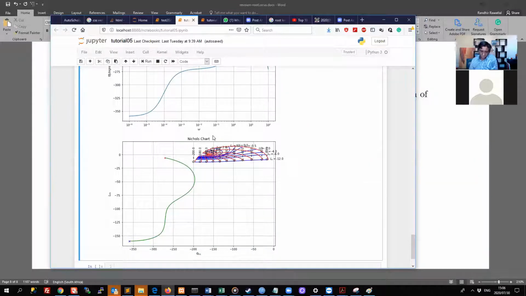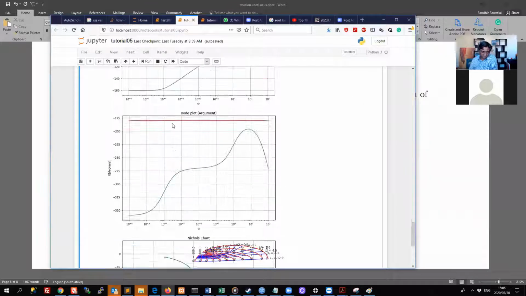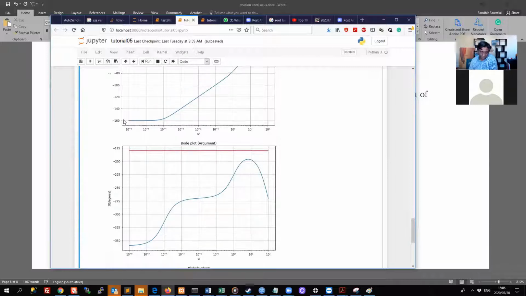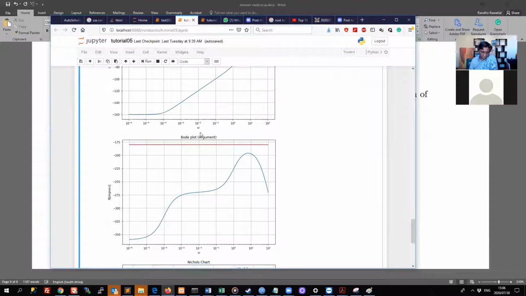The Nichols chart is a plot of your open loop log modulus and angle. So instead of plotting L and theta as functions of omega, if we instead regard omega as a parameter along a line in L and theta, then we can select values of omega.